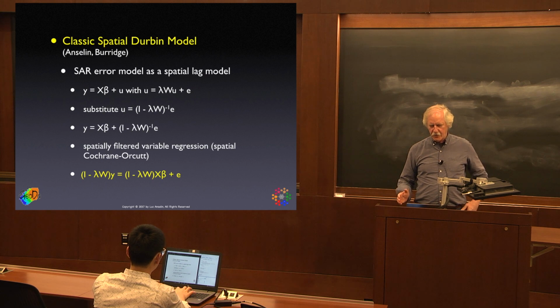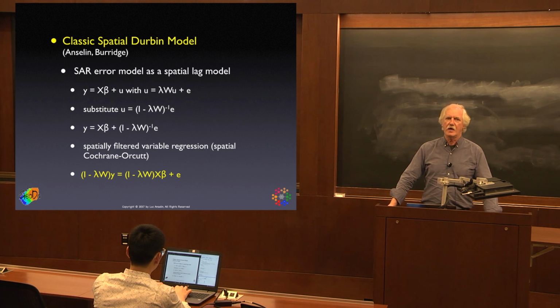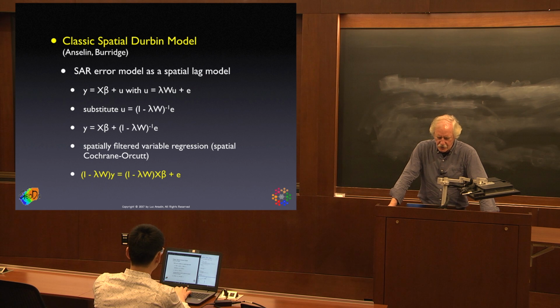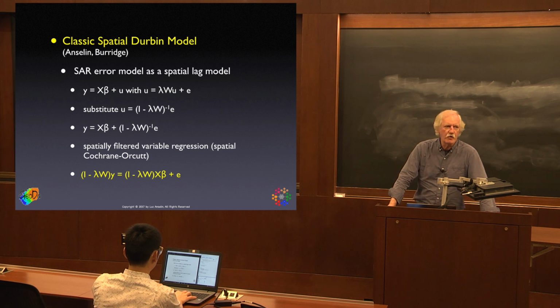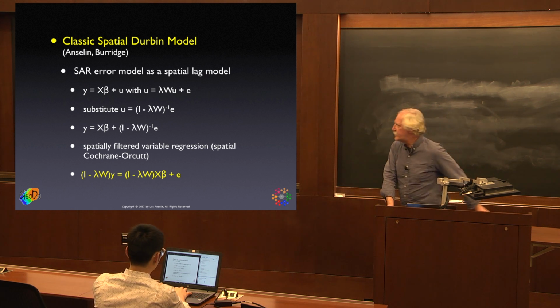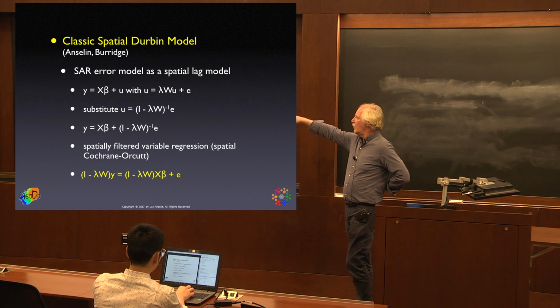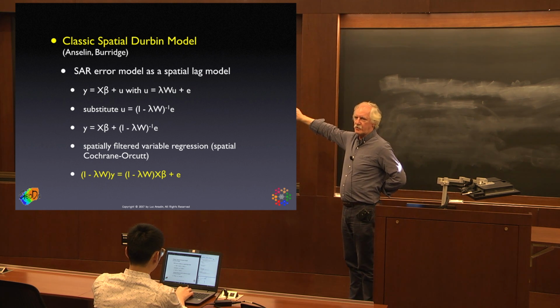And one of them is the so-called Spatial Durbin model, and I want to make a distinction here between what I call the classic Spatial Durbin model and then what, for lack of a better term, I will call an unconstrained Spatial Durbin model. So the classic model is really nothing but another way of writing a spatial error model. So if we look at this carefully, we have the standard regression specification, y equals x beta plus the error term.